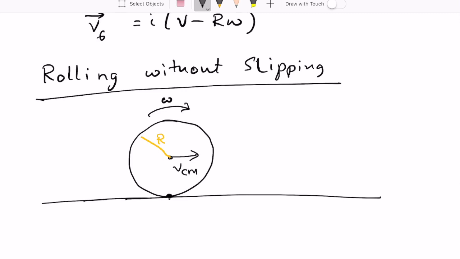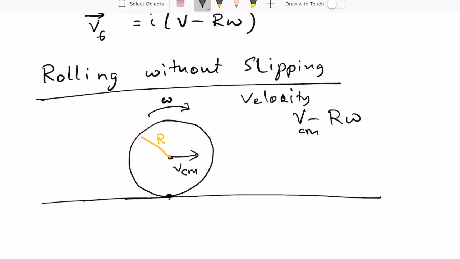In our clock, the bottom point was the 6 o'clock point, and the magnitude of its velocity was v minus r omega. So v in this case is vcm, as it was in the case of the clock. We just called it v in that example.